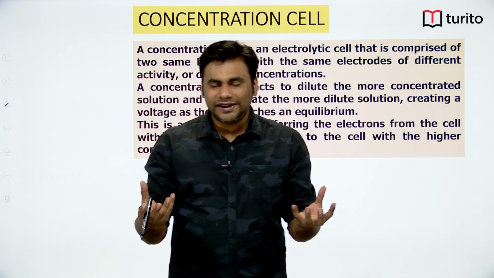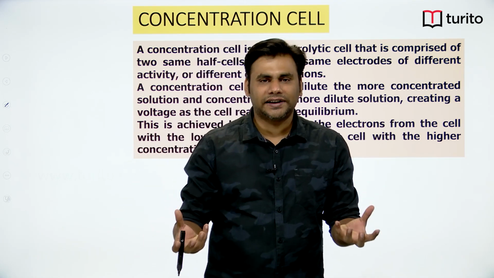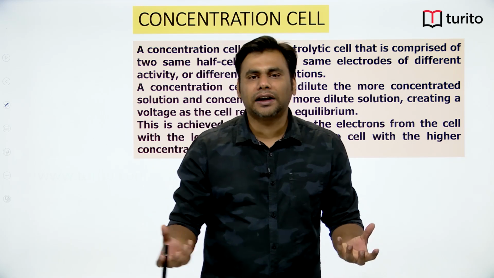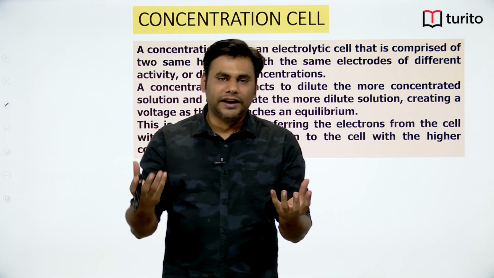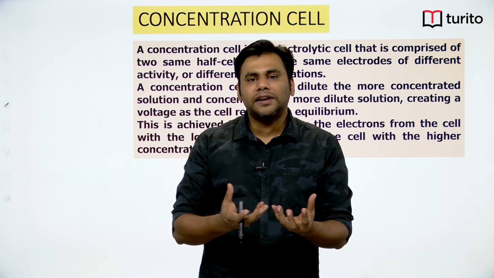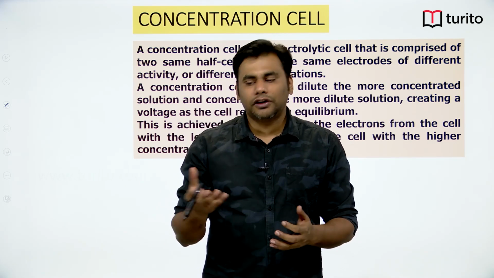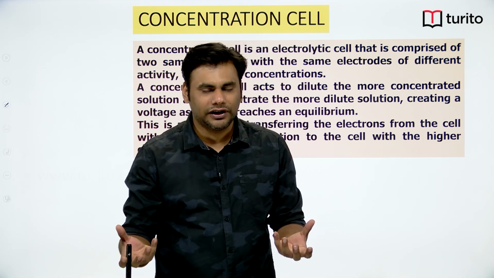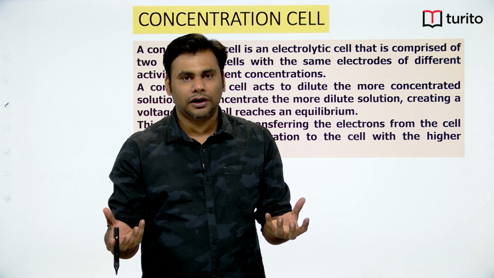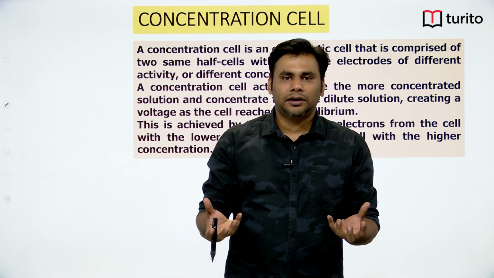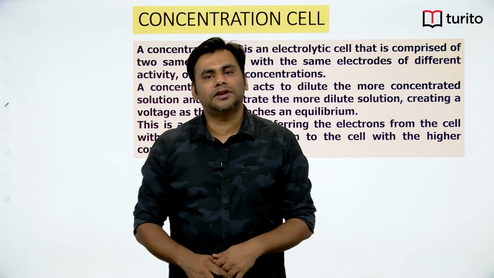Now, if both the half cells are the same, how does the electric current flow? We say that the flow of the current is due to the difference in their concentration. One of the solutions would be dilute and one would be concentrated. But if both the solutions are equally concentrated, or they have equal molarity, then the EMF of such a cell is 0.